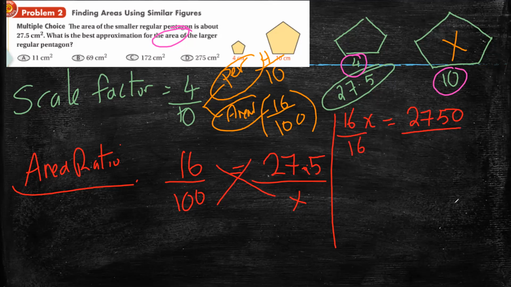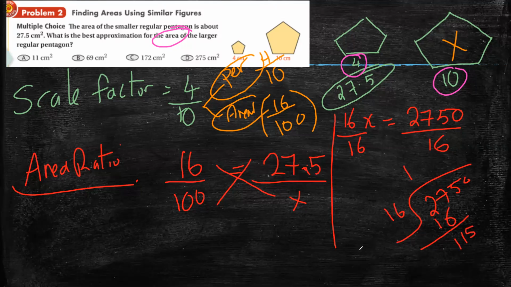Then divide by 16, divide by 16. 27 over 16 is 1, then we have 9, 95 over 16, I think 8. 8 times 16 is 128.